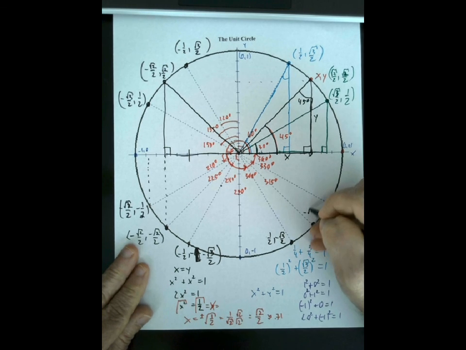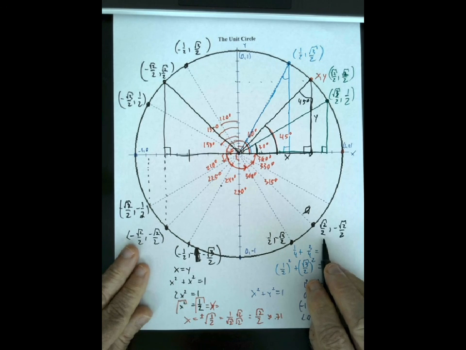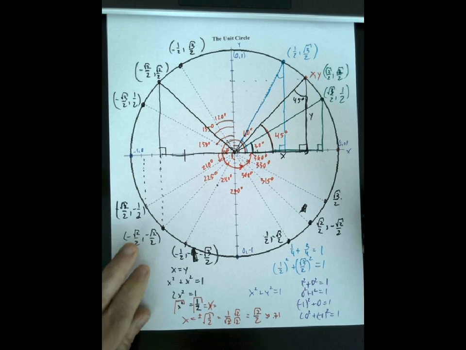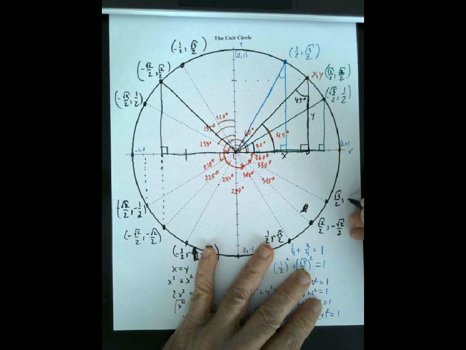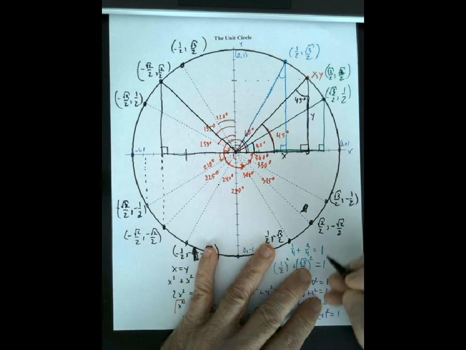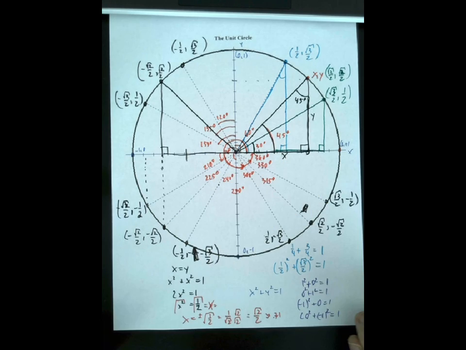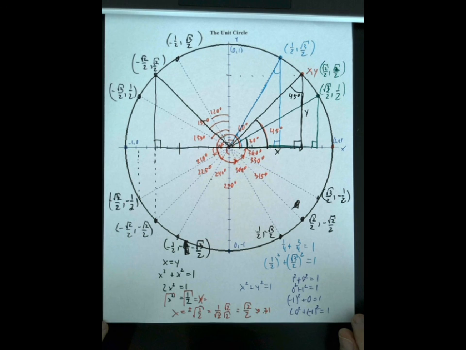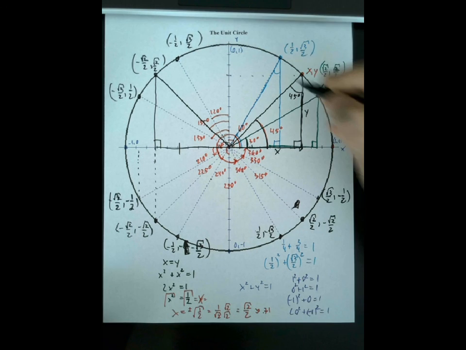This one is negative, oh, we already wrote that one in, didn't we? Rad 2 over 2, negative rad 2 over 2, and then this last one here, same x distance, rad 3 over 2, negative 1/2, because it's down, right? Okay, so those are the coordinates that go with some of the points on the circle.